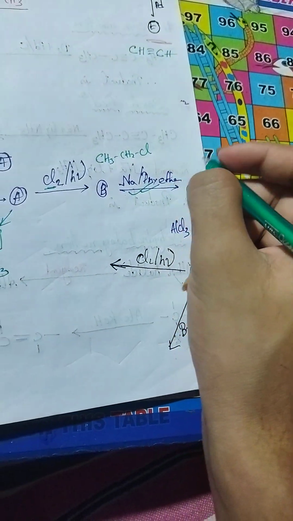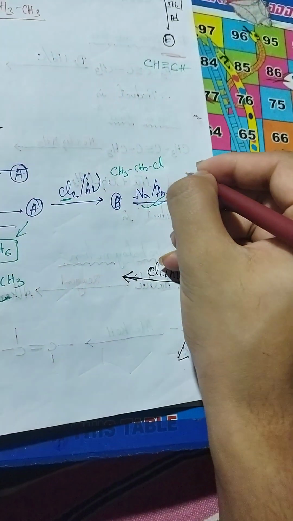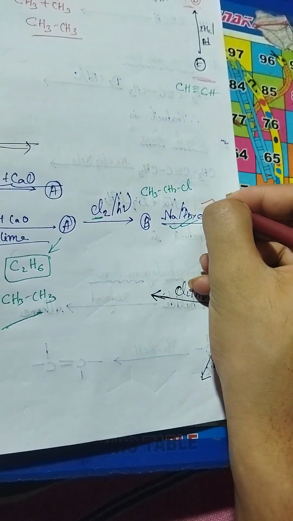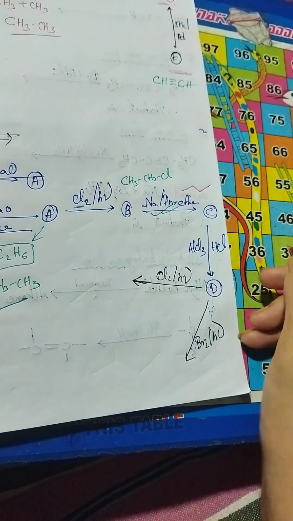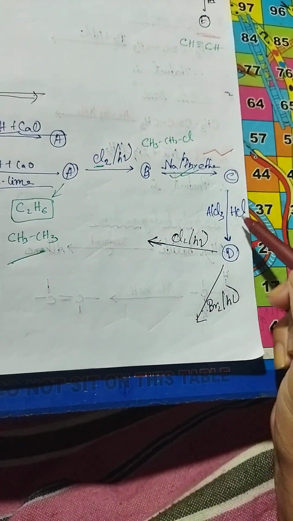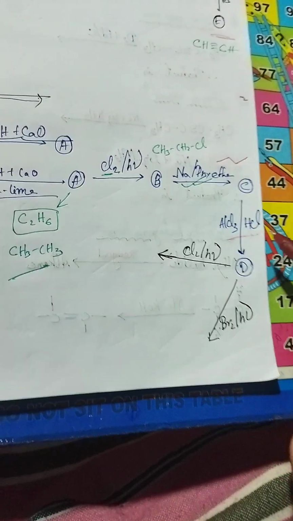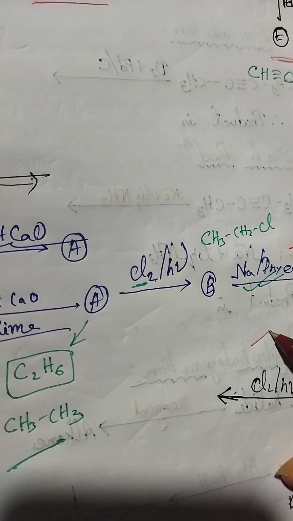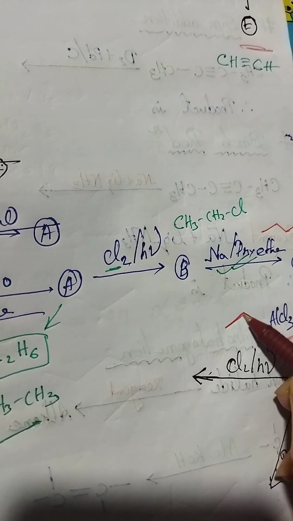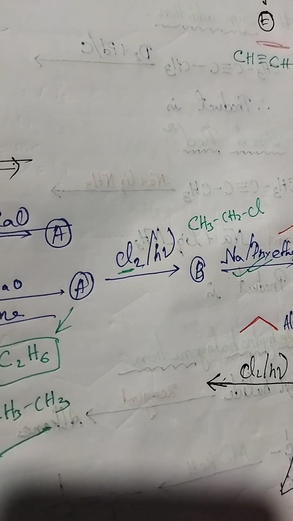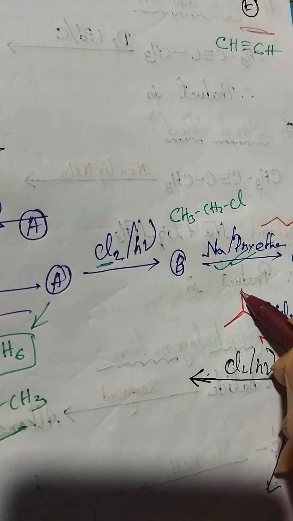So C is butane, 1 2 3 4. Here AlCl3 and HCl, the product D is this.